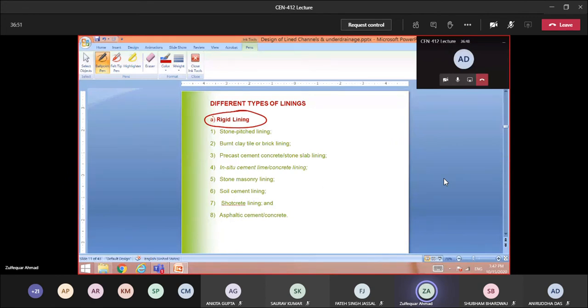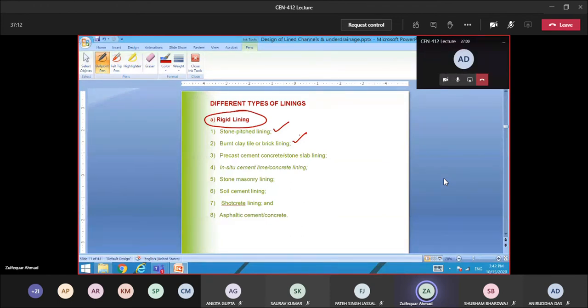You may have a stone pitch lining, or a clay lining. Your parallel Ganga canal, which runs from Haridwar to Roorkee, is a new parallel canal that was constructed sometime in 1996-97.